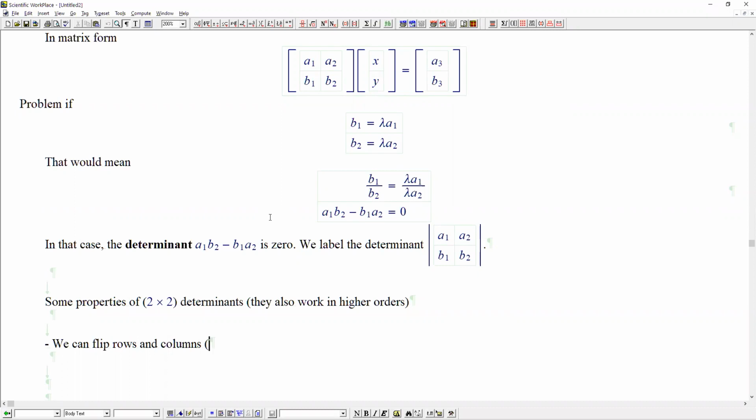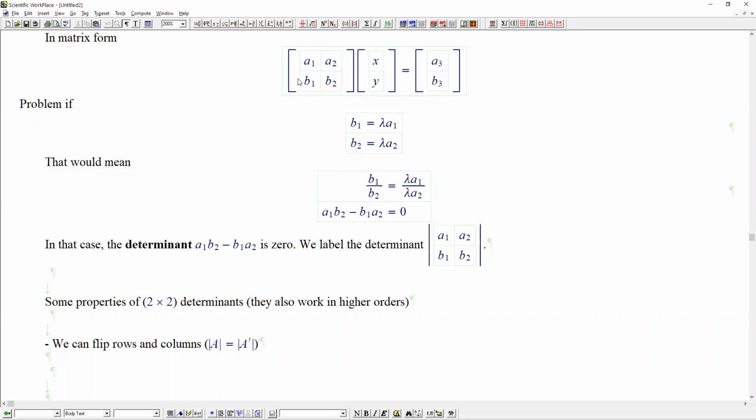What this means is the determinant of A equals the determinant of A transpose. So it's quite obvious.